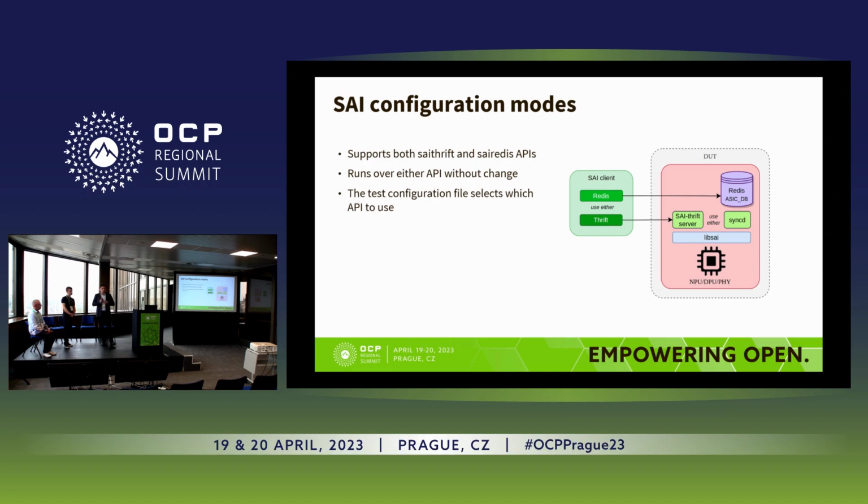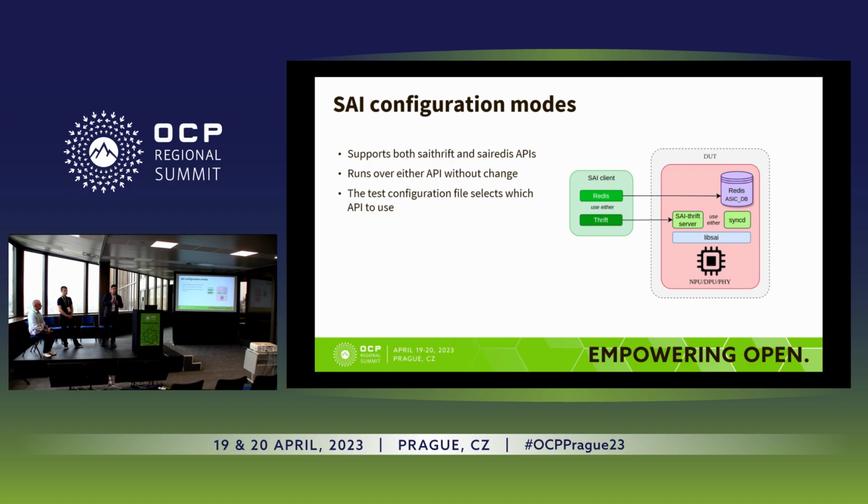So here is key pillar number 1, how we made an abstraction. Currently we have implementation for 2 types of RPC mechanism. It's a Redis interface and a Thrift interface. But due to this pluggable architecture, you can actually define and use your own approach.